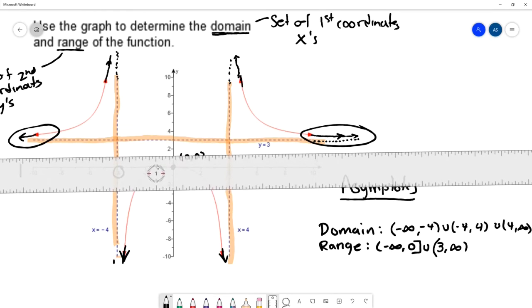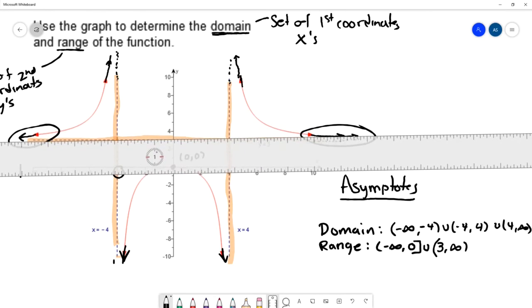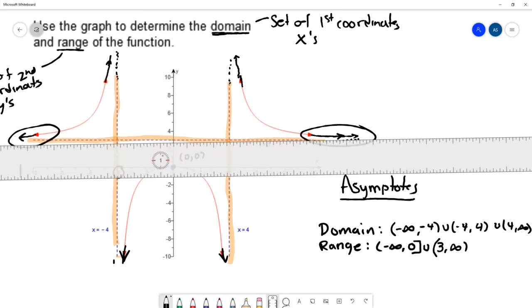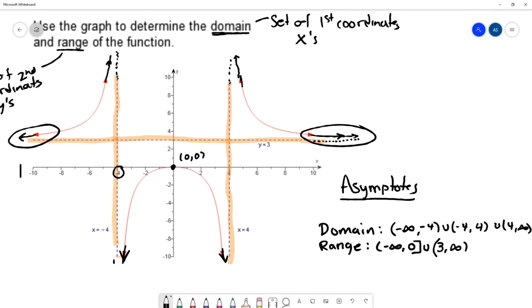I'm not touching the graph, and then when I get to here at 3, I am touching the graph, so 3 to infinity, and because we have that dashed horizontal line there, the graph doesn't reach that line, so 3 is not included in the range. So we've got our range being negative infinity to 0, including 0, union with 3 to infinity, not including 3.